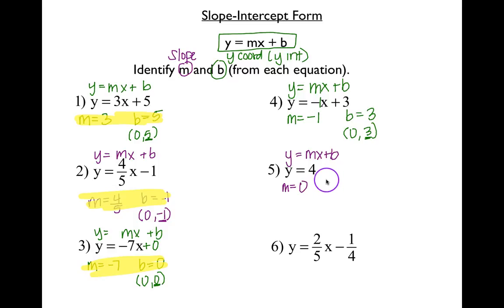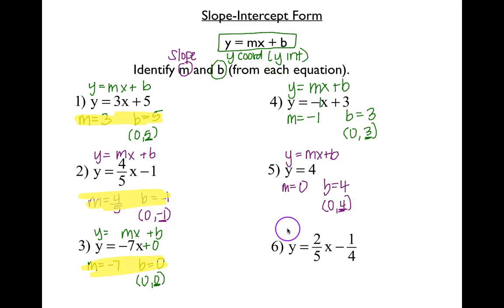Sorry, not my y-intercept, my y-coordinate of the y-intercept. Well, in this case, the y-coordinate is representing the constant. So since 4 is my constant, I'm going to say it's 4. But just a friendly reminder, once more, the y-intercept would actually be at 0, 4. 4 is just representing the y-coordinate in the y-intercept.